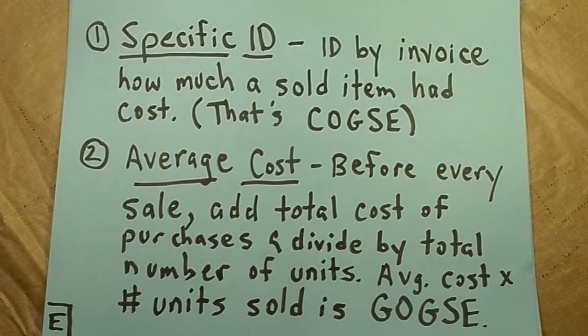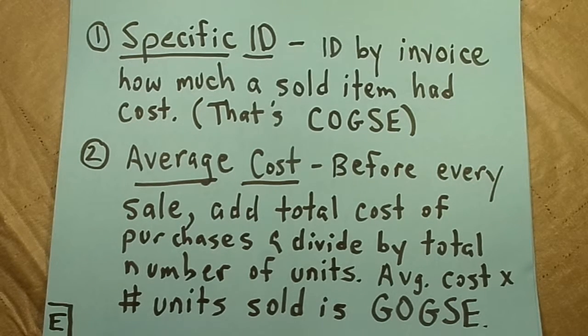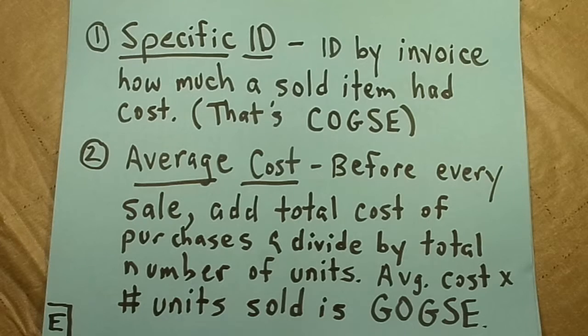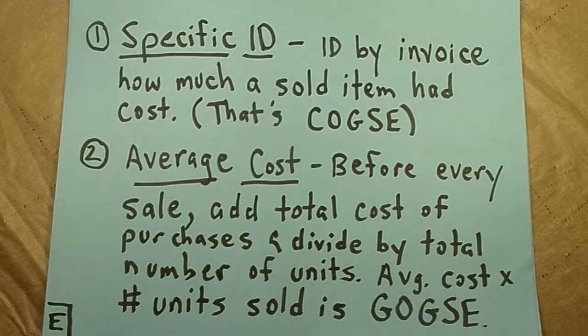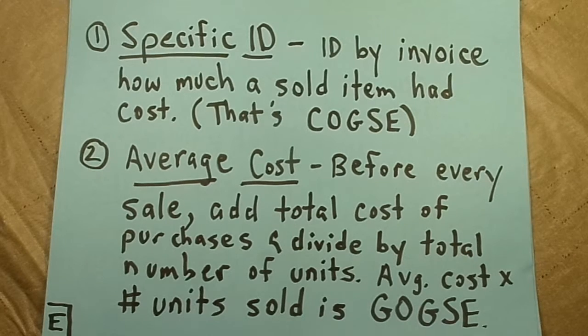We'd add up all the total costs for all of the inventory we still have. We'd divide that by the total number of inventory items, and we'd come up with an average cost, and we would take each unit we sold and multiply it by that average cost.